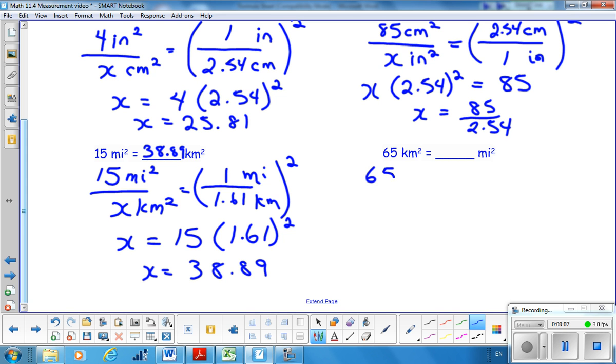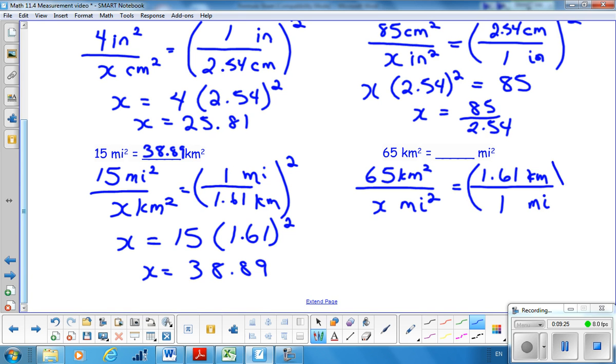Going the other direction, 65 square kilometers, and we want to figure out how many square miles that is. Our conversion factor, kilometers have to be on the top, miles on the bottom, is that 1 mile is 1.61 kilometers. Again, because this is an area conversion, we have to square the area conversion factor.